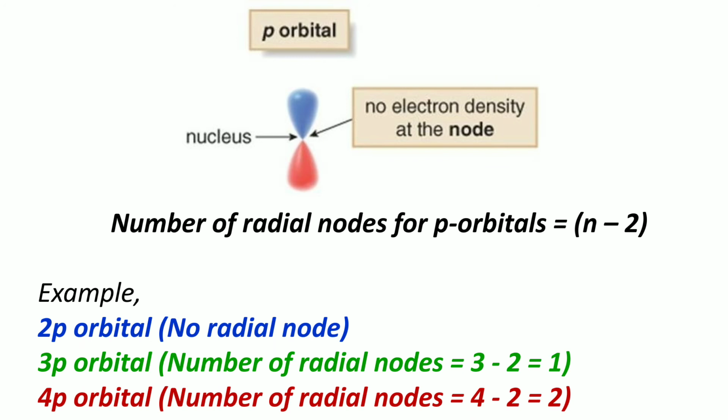But there is only one angular node in the case of p orbitals like 2p, 3p and 4p. So there is only one angular node, but the radial nodes value changes for 2p, 3p and 4p orbitals.